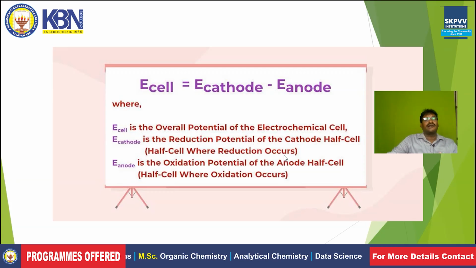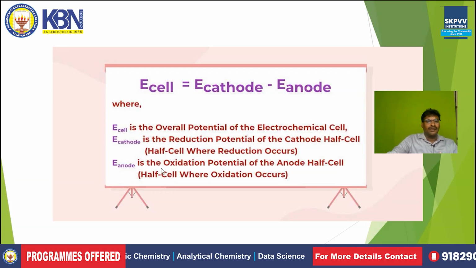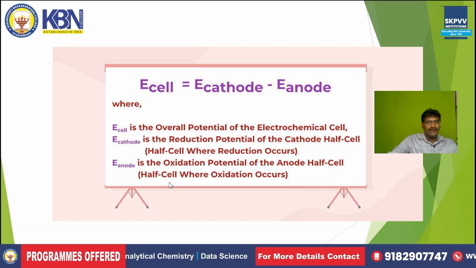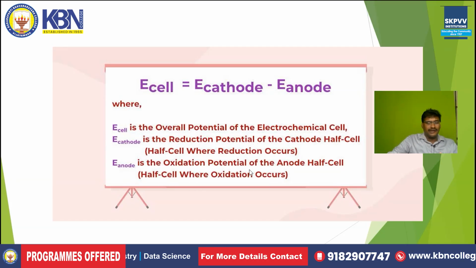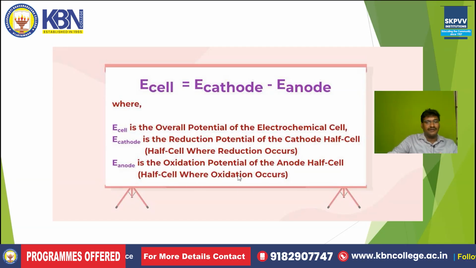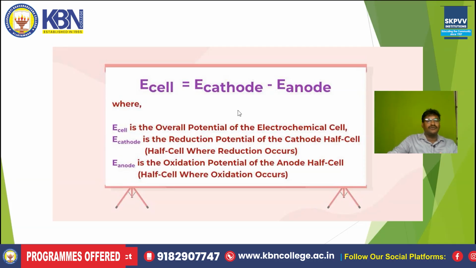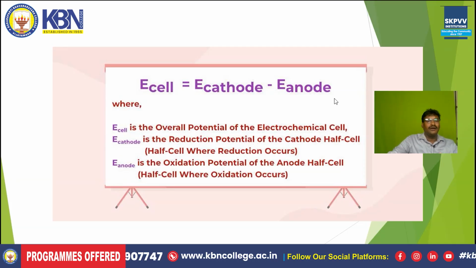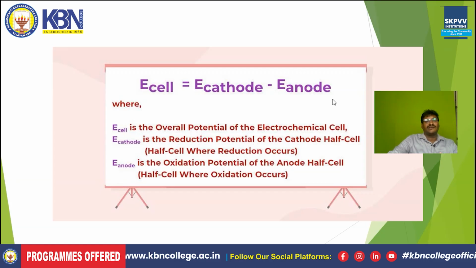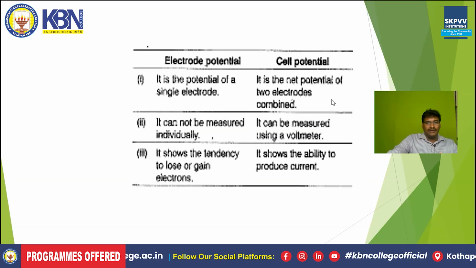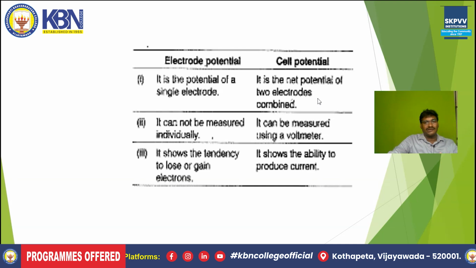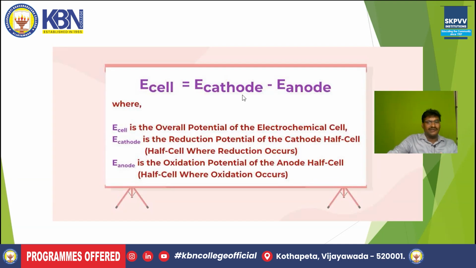Zinc is the half cell where oxidation occurs, that is E anode. E cell equals E cathode minus E anode, which gives the cell potential value. Here you might understand the difference between electrode potential and cell potential, and how it is measured.